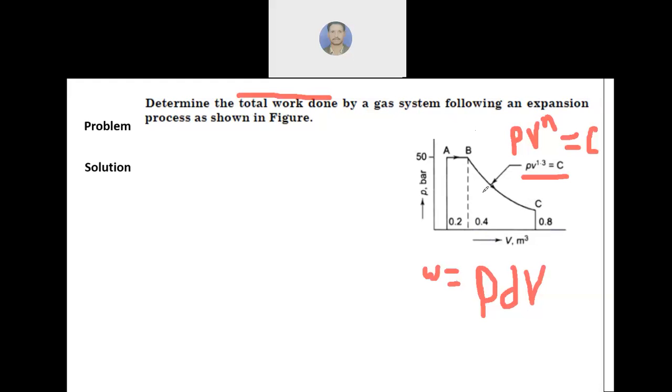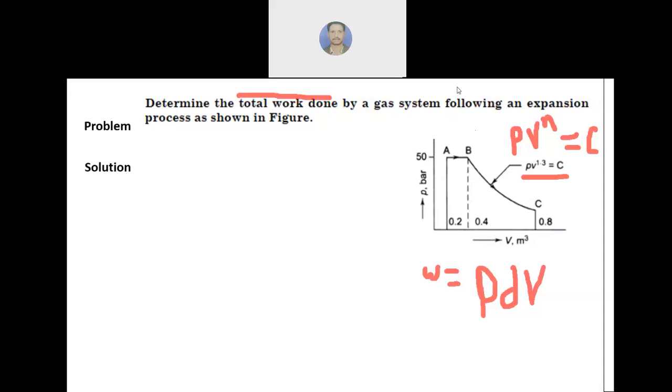For process AB, the final volume will be how much? Yes, 0.4, and the initial will be 0.2. So 0.4 minus 0.2.